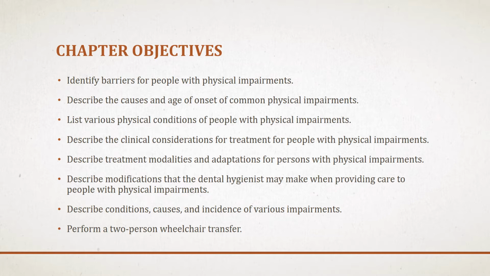List various physical conditions of people with physical impairments. Describe the clinical considerations for the treatment for people with physical impairments, and describe treatment modalities and adaptations for persons with physical impairments. Describe modifications that the dental hygienist may make when providing care to people with physical impairments.